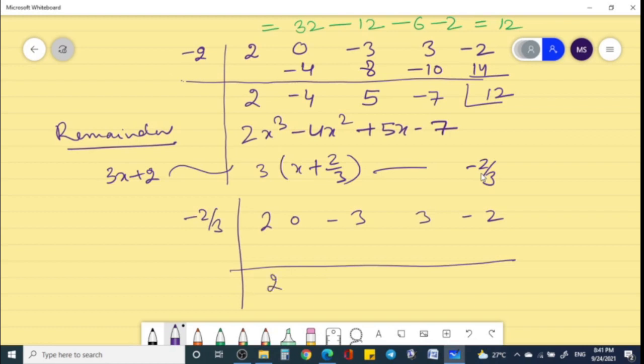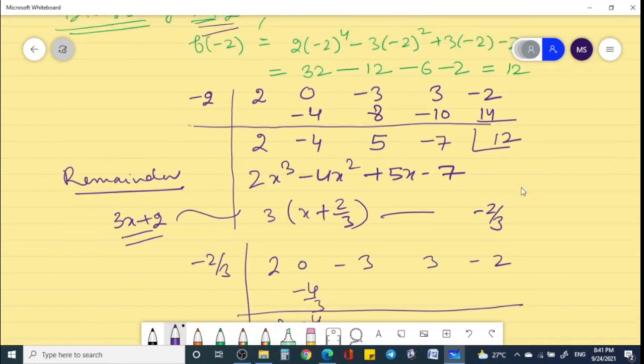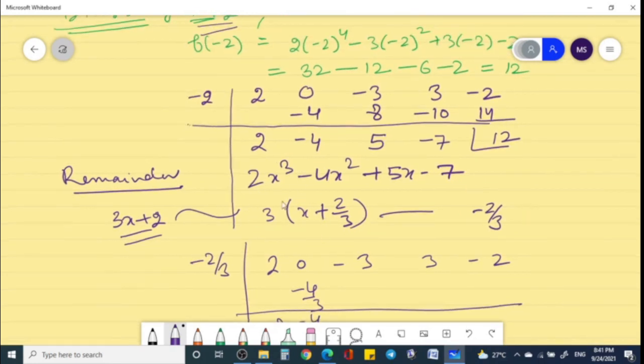So here 2 as it is, this is minus 4 by 3, and we multiply this, and this becomes complicated, so we should take care with synthetic division when we try to apply it. So it is better that this part should be an integer. Okay, thank you.